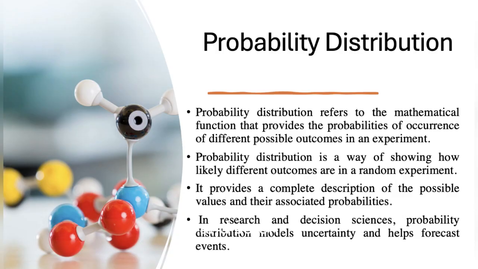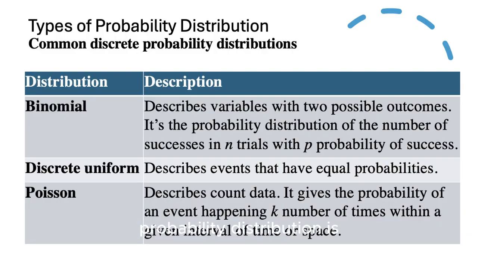and so on. The first type of probability distribution is common discrete probability distributions. Under this is the binomial distribution that describes variables with 2 possible outcomes. It estimates the probability distribution of the number of successes in n trials with p probability of success.